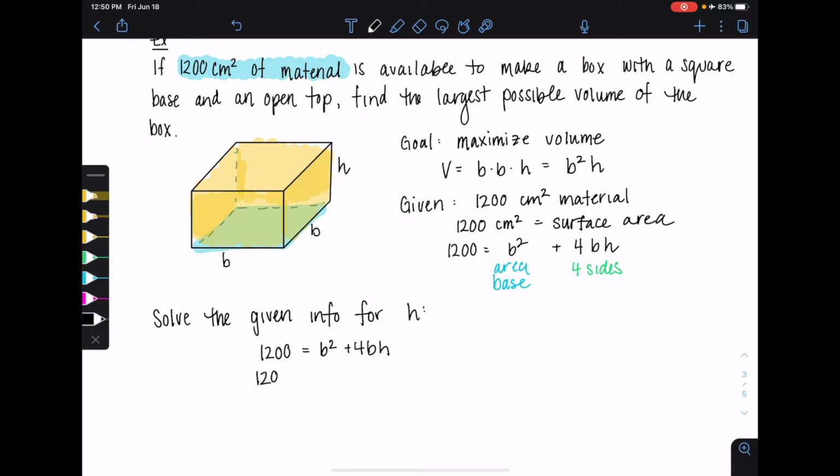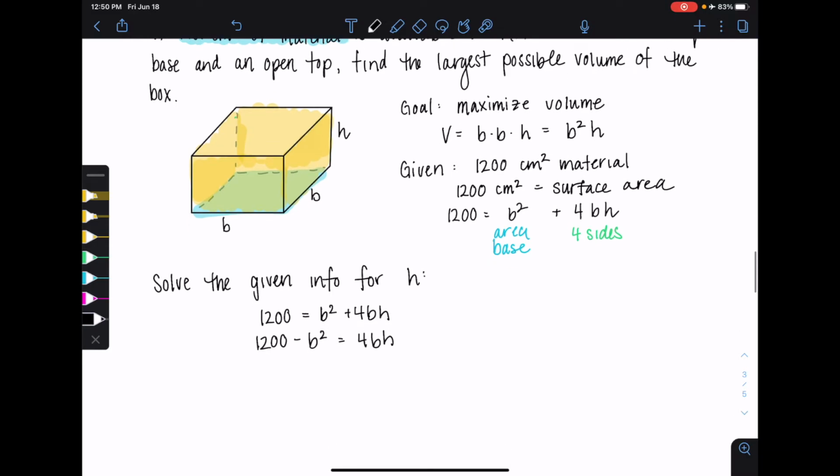Subtract the b squared to give us 1200 minus b squared is 4bh. Divide by 4b to give us 1200 minus b squared over 4b is h. And now in our volume formula, I'm going to go ahead and input this quantity that deals just with b's.